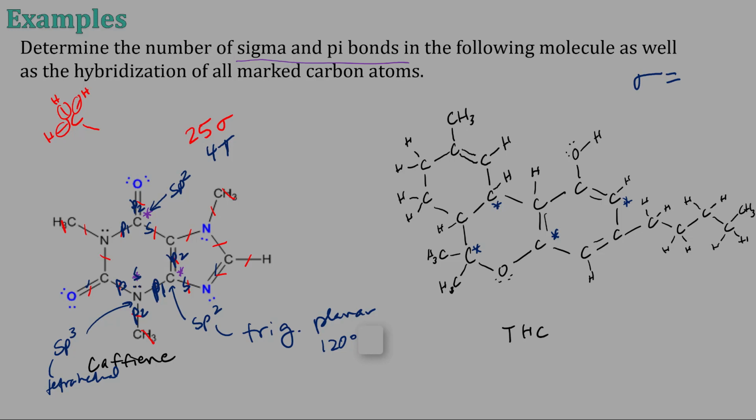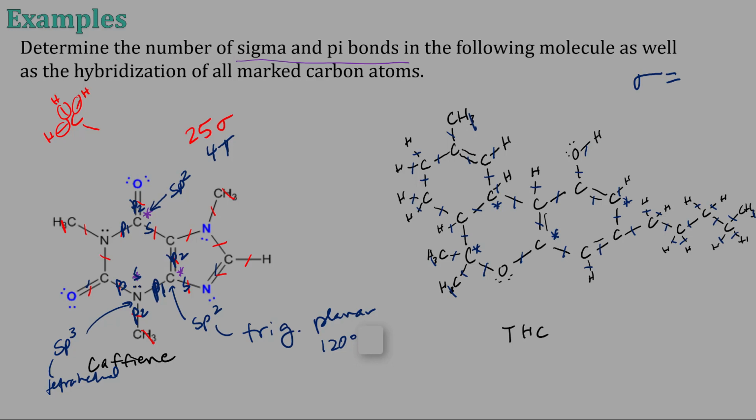So I've got CH3, so there's 3, 4, 5, 6, 7, 8, 9, 10, 11, 12, 13, 14, 15, 16, 17, 18, 19, 20, 21, 22, 23, 24, 25, 26, 27, 28, 29, 30, 31, 32, 33, 34, 35, 36, 37, 38, 39, 40, 41, 42, 43, 44, 45, 46, 47, 48, 49, 50, 51, 52, 53, 54, 55, 56.